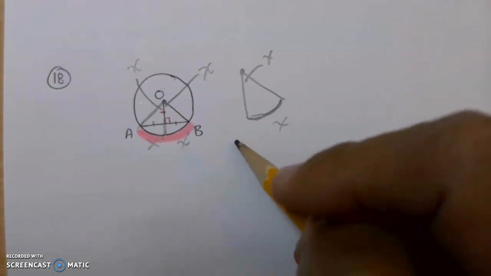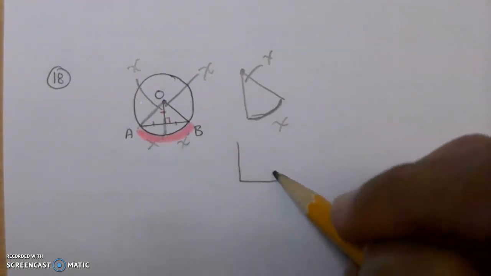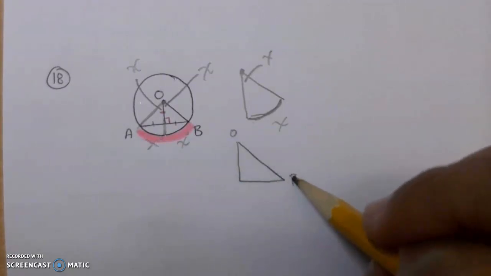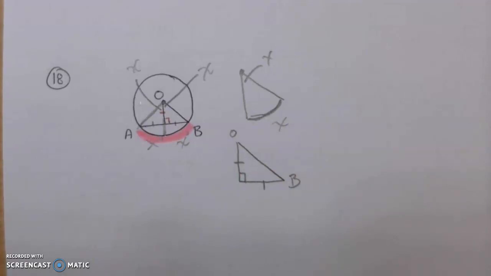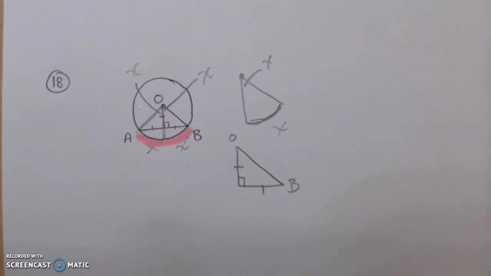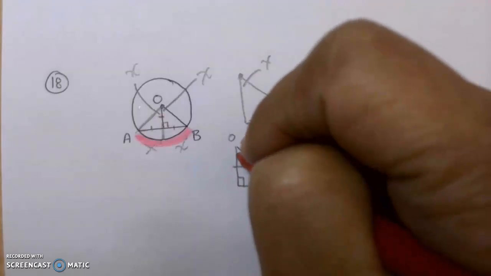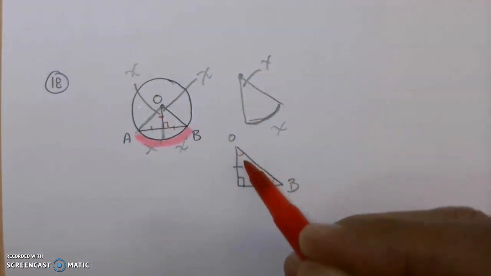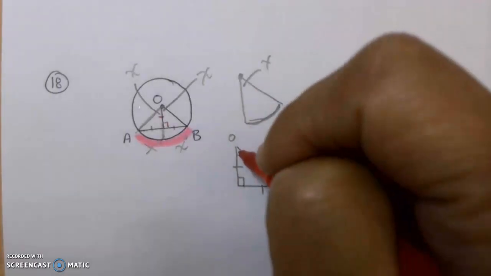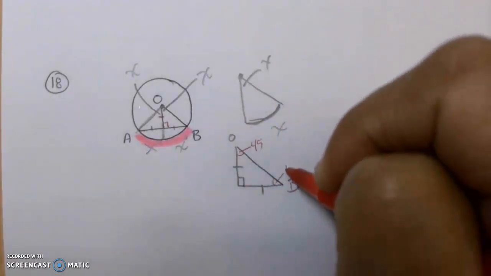If you look at this carefully, I'm going to enlarge this triangle here. Here's O, here's B, here's 90 degrees. But more importantly, tick mark, tick mark. Well, that means it's an isosceles triangle. That means this angle is equal to this angle. And if it's 90 degrees here, this must be 45 degrees. 45, 45, 90.